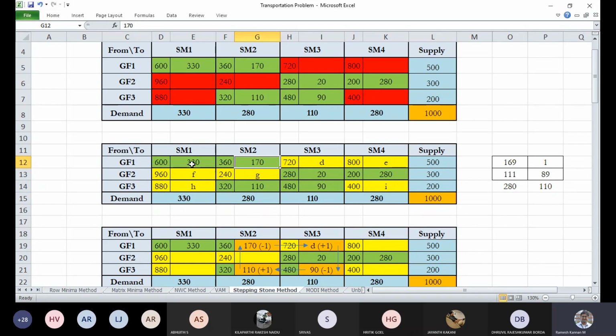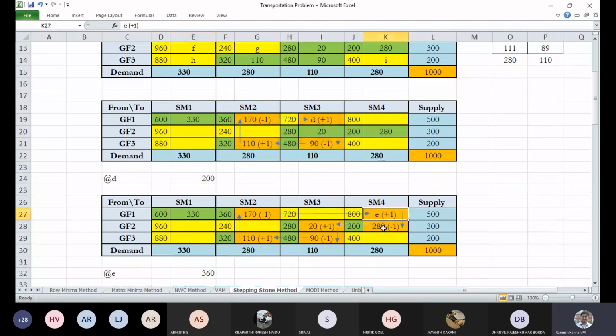Then this cell, and you cannot go back to this because it does not form a closed loop, right? So I'll go here, then here, then down, then up, then right, left, and up, and then we'll finish here itself. So it forms a closed loop. And more importantly, the addition and minus should be in equilibrium.